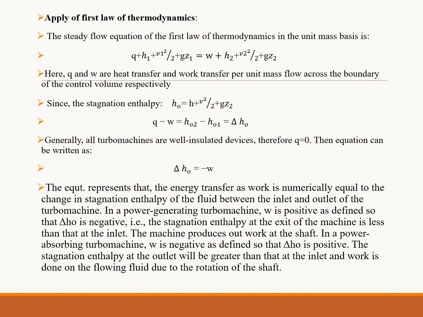Here Q and W are heat transfer and work transfer per unit mass flow across the boundary of the control volume respectively. Since the stagnation enthalpy h0 is equal to h + V²/2 + gz, we can write Q - W = h02 - h01 = Δh0.